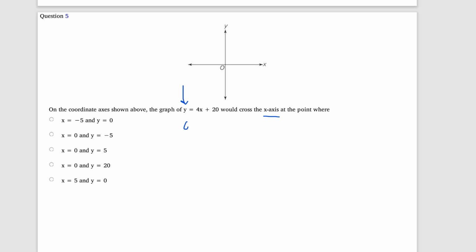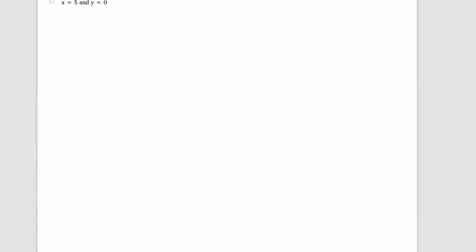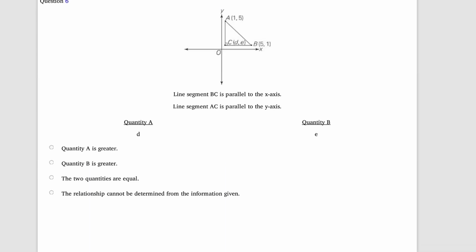If we make y 0 in this equation, you could take away 20 from both sides, so 4x equals -20, and divide by 4, so x equals -5. So x would be -5, and the y-coordinate would be 0. Answer A.